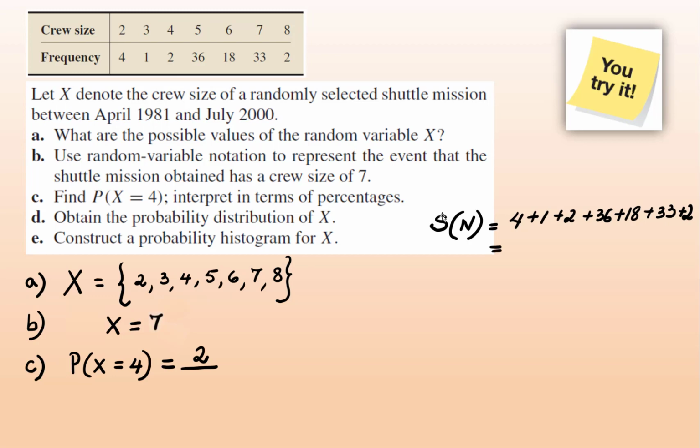So the sample space is 96. So P of x equal to 4 is 2 over 96, which is approximately 0.021, or 2.1%.